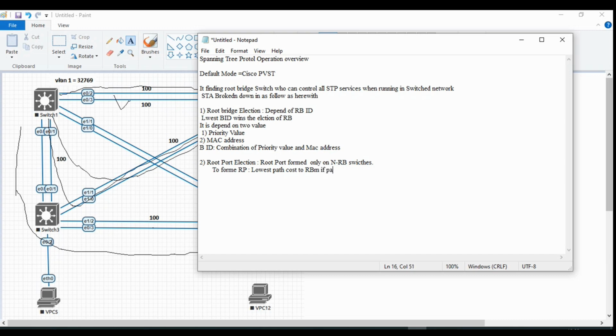If path costs are equal, then the lower port of the switch will become the root port.